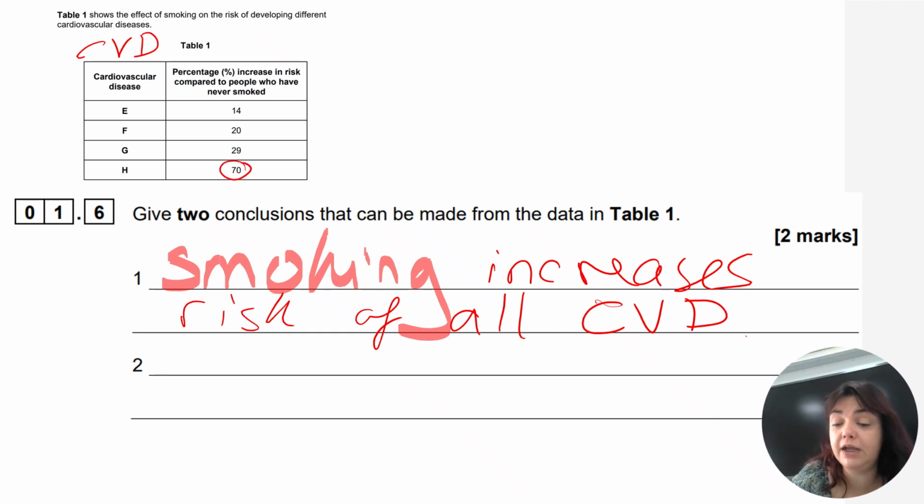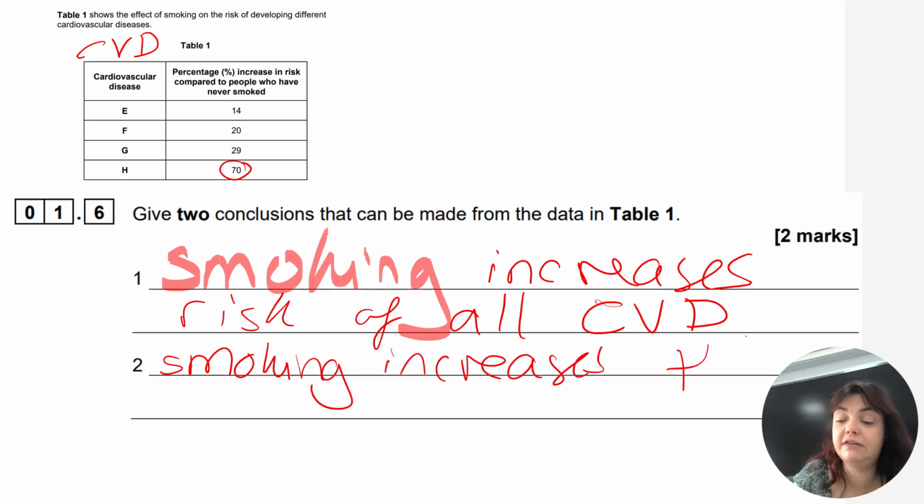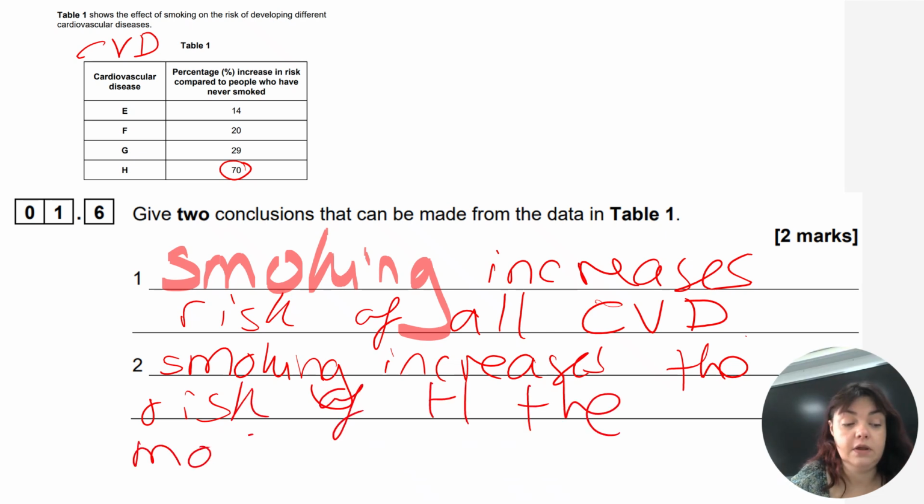Another one would be that H is the biggest one. So I say that smoking increases the risk of H the most, or more than any other type of disease.